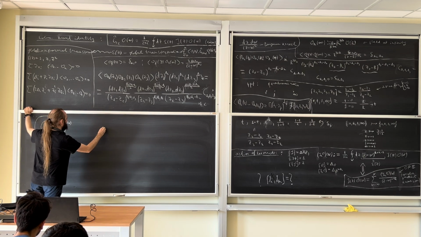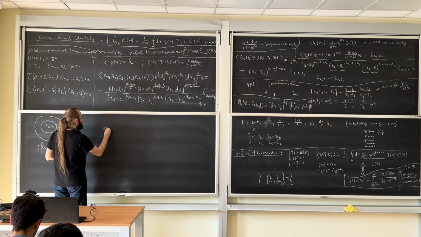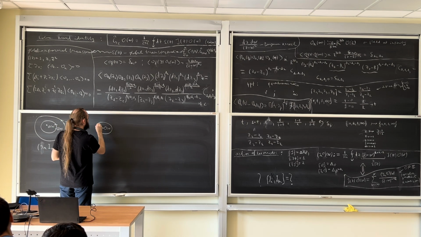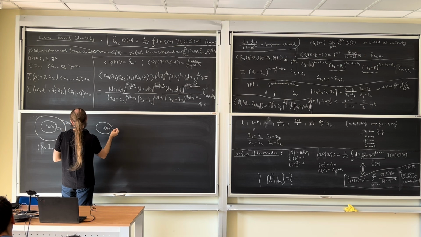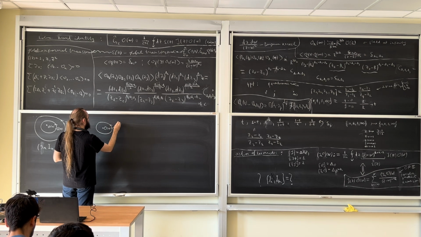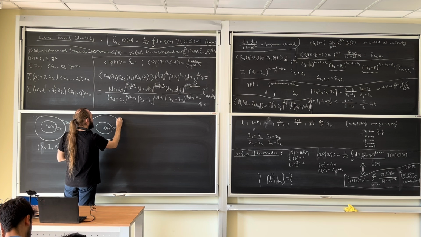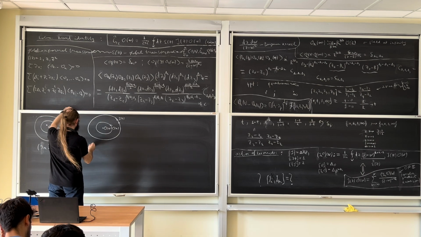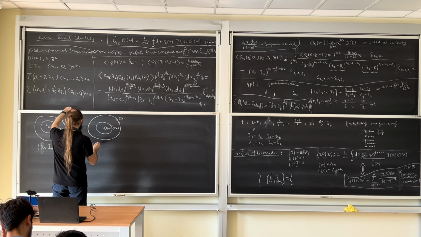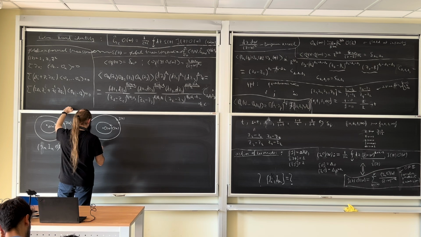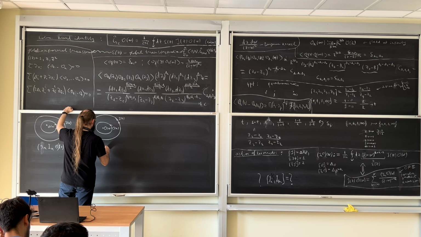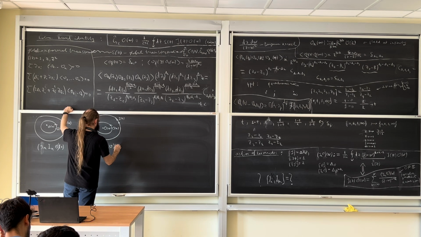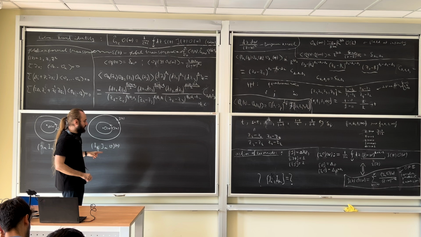And if you now act in the opposite order, it will be j of w here, I of z, and we want to compute their difference.